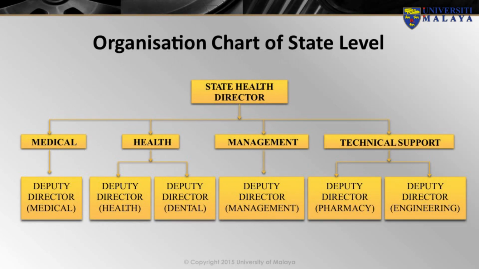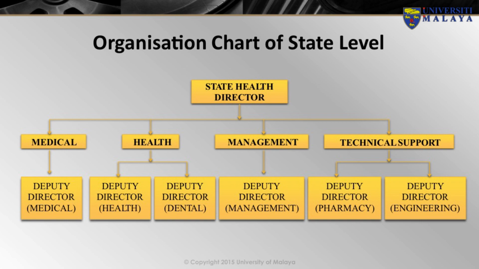Here is the organisation chart of the state level, headed by the State Health Director and assisted by several Deputy Directors. For medical services, it is led by Deputy Director for Medical. For health services, there are 2 deputies, one for health and another one takes charge of dental services.